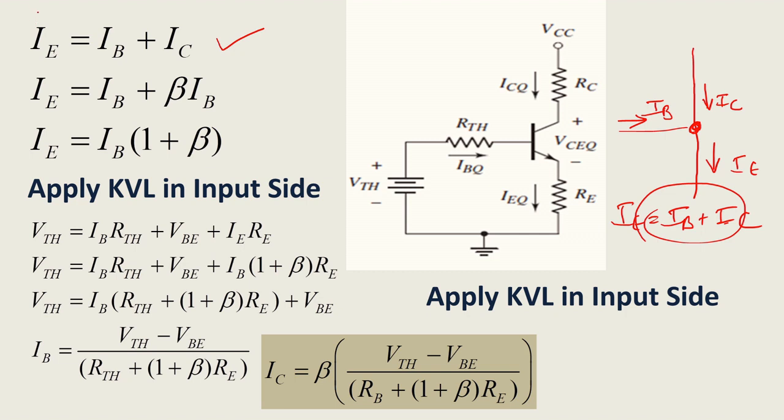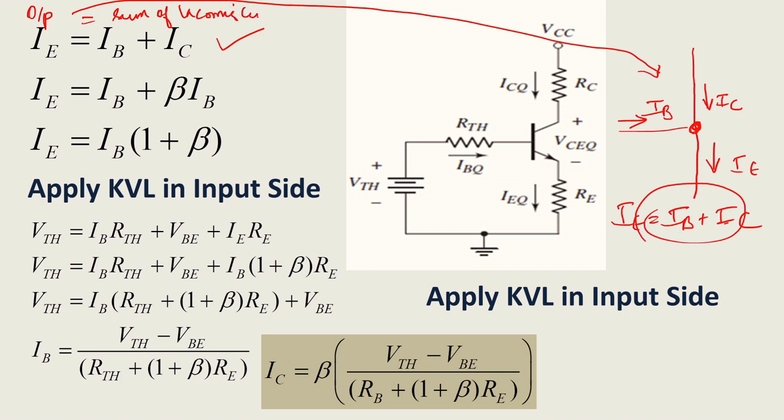That is your outgoing current, which I have written equal to the sum of the incoming currents. So we got IE equals IB plus beta times IB. This is a powerful relation, we know that. So IE equals IB, I have taken outside, so IE equals IB into 1 plus beta. This we will use for solving this equation. Okay, that is IE equals IB into 1 plus beta.